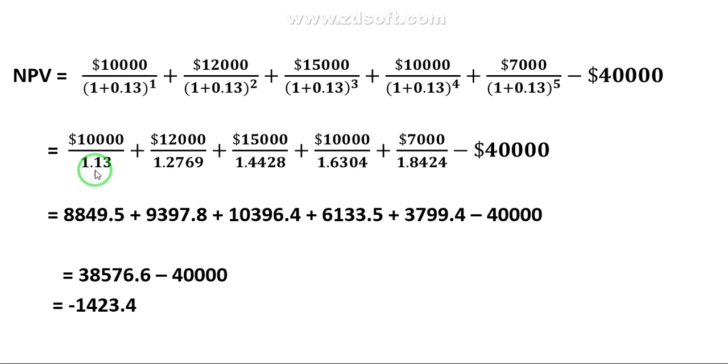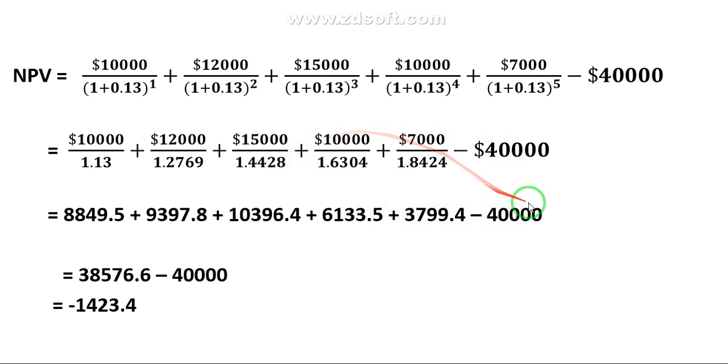If we divide 10,000 by 1.13, we get 8849.5, plus 12,000 divided by 1.2769 gives 9397.8, plus 15,000 divided by 1.4428 gives 10,396.4, plus 10,000 divided by 1.6304 gives 6,133.5, plus 7,000 divided by 1.8424 gives 3799.4.